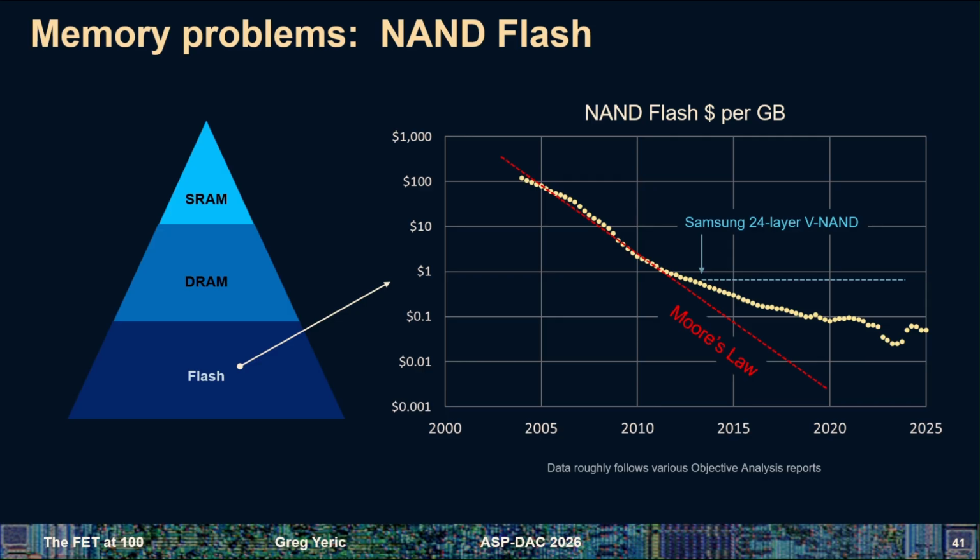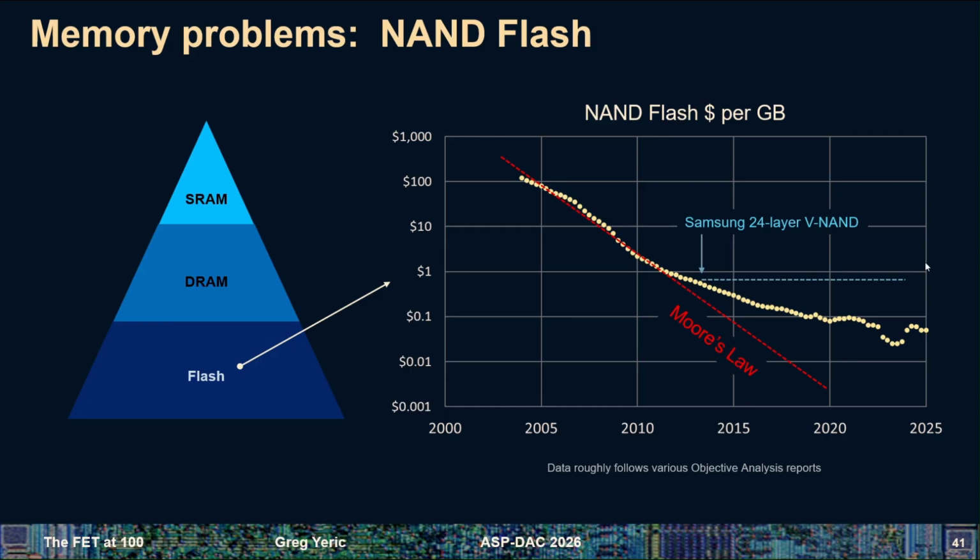So the only way to make more bits per dollar was to stack bits on top of each other, these layers, and then combine some of the processing, like the contact and the channel features could be drilled in common through an entire stack, and that saves money. So we have this massive stacking story where 24-layer vertical NAND was introduced here by Samsung.